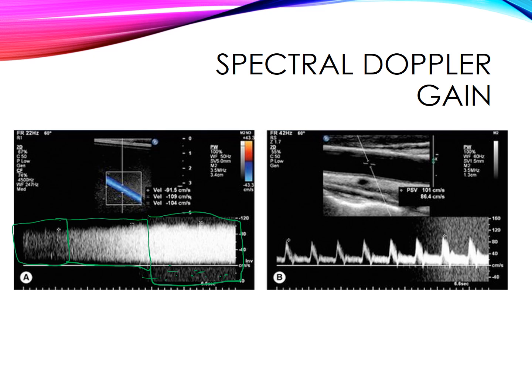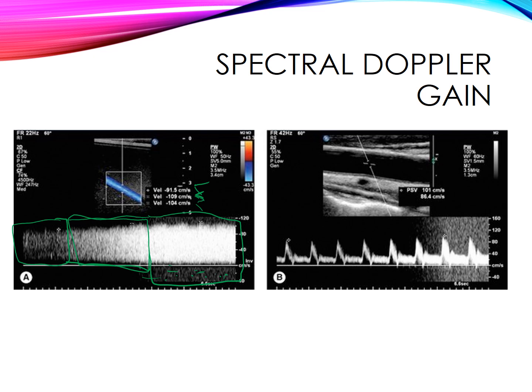But in the lighter area, the velocity was measured at 91.5 centimeters per second. In the very bright area, it was measured at 109 centimeters per second, and in the appropriately set area, we were getting 104 centimeters per second.